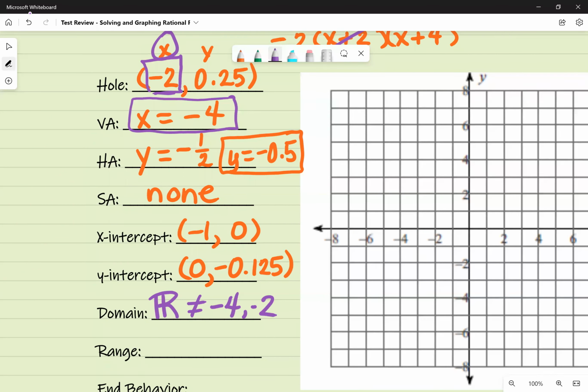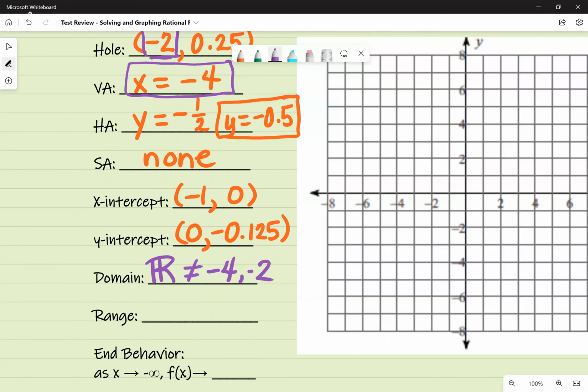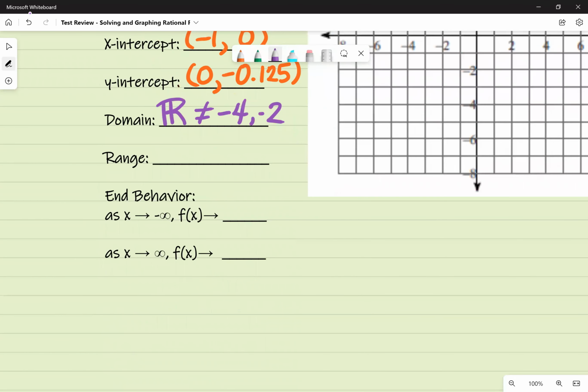As a side note, if you wanted to write this in interval notation, you always start with negative infinity. You can go as far as -4. And then you can do a union and pick up again from -4.